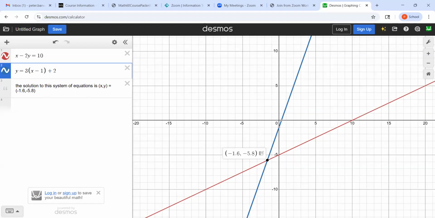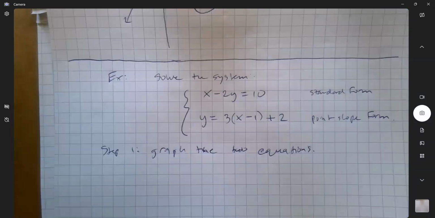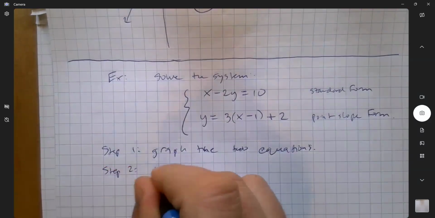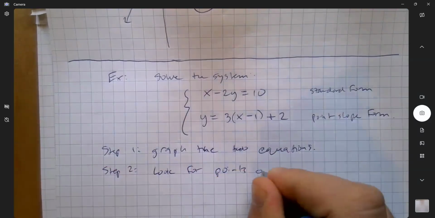So step one, you graph it. Step two, look for any points of intersection.